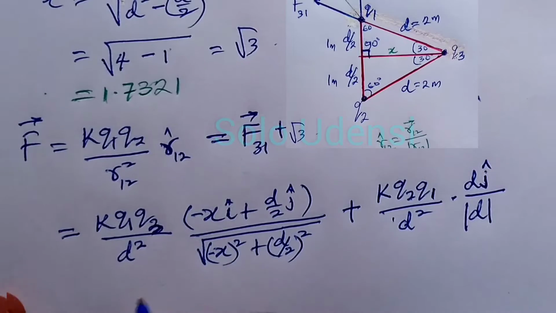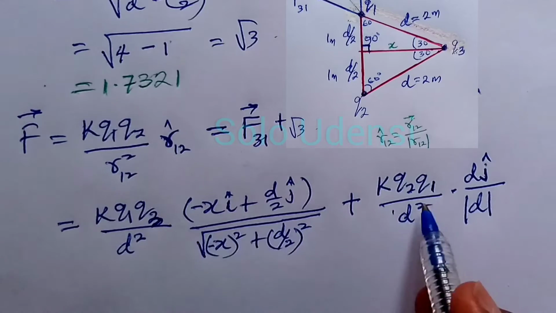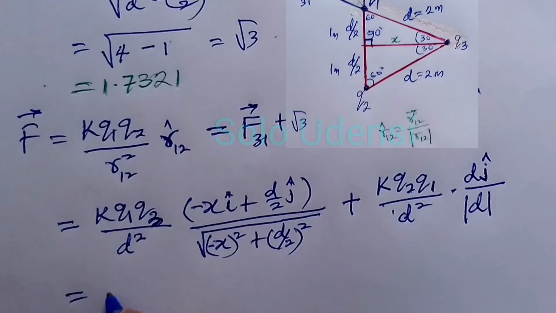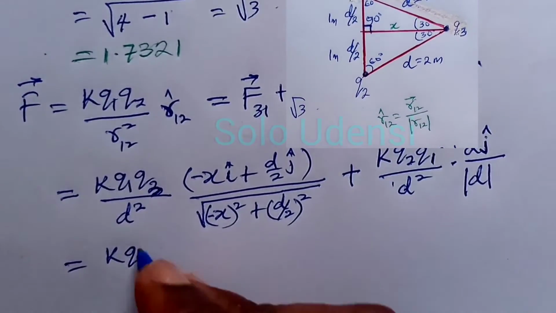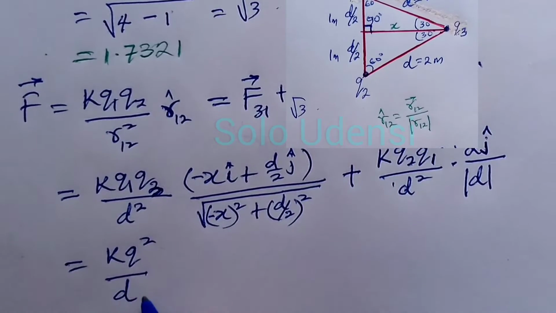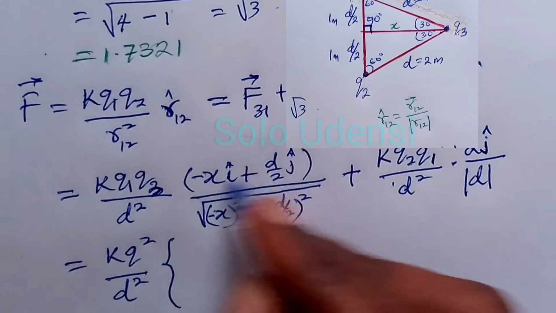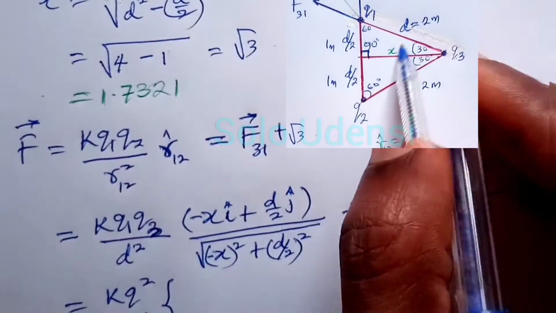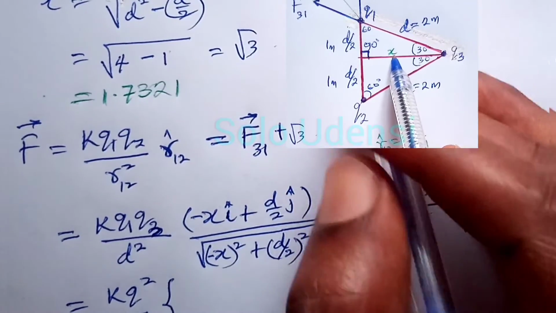We now factorize, since Q1, Q3, Q2 are the same, so we just have K Q squared over d squared into this thing, which, from Pythagoras, the square on this hypotenuse is equal to the sum of squares on the other two sides.